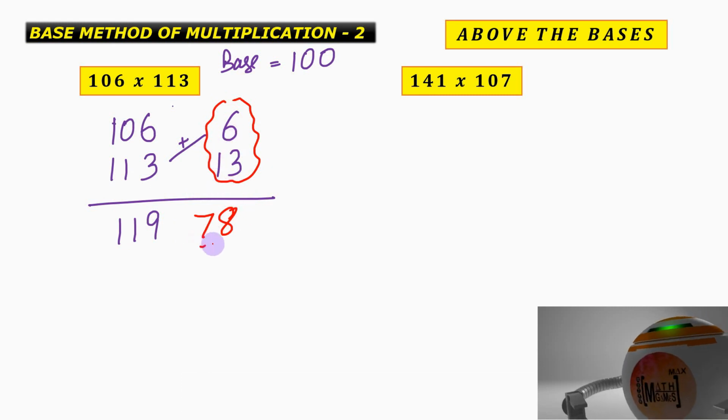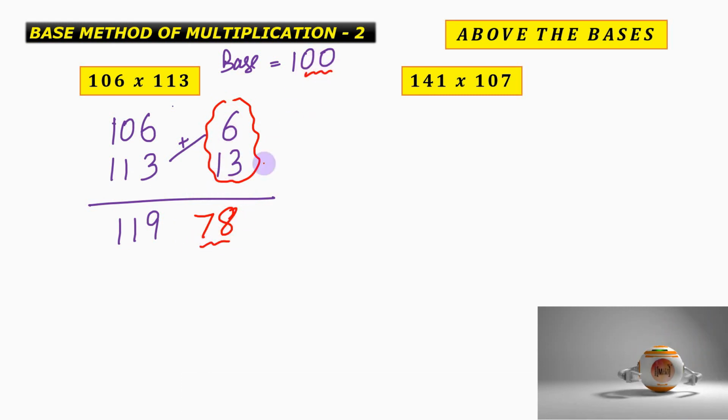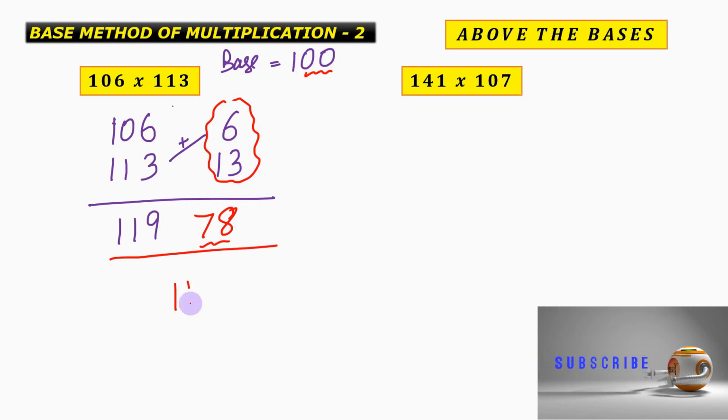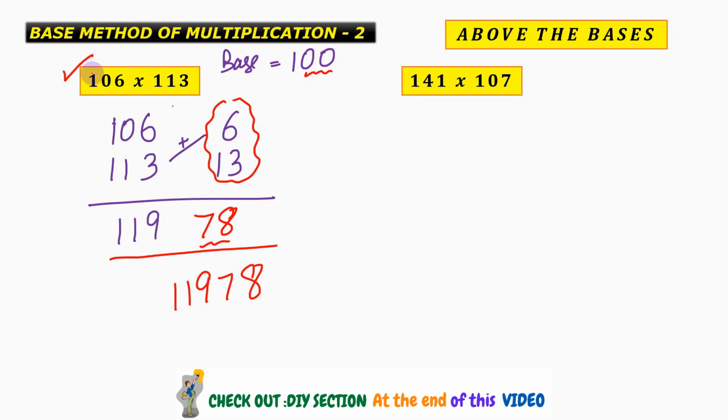Now 78 is a 2-digit number and there are two zeros over here, so this is perfectly fine, and hence the answer will be 11978, and that is equal to the product of 106 into 113. Now for the next question we have 141 and 107. Now again the base is equal to 100. Okay, and 141 is 41 more than 100, and 107 is 7 more than 100.